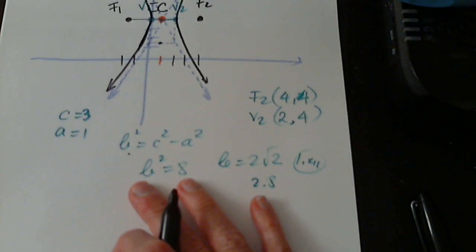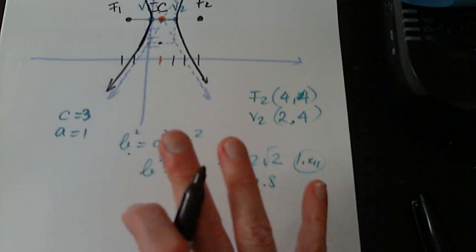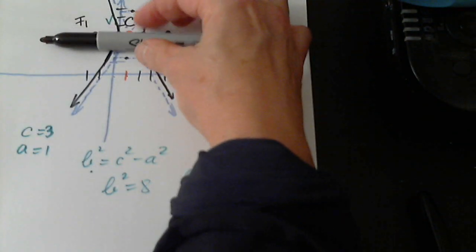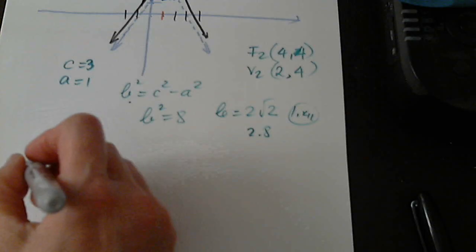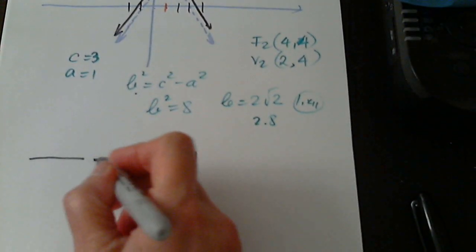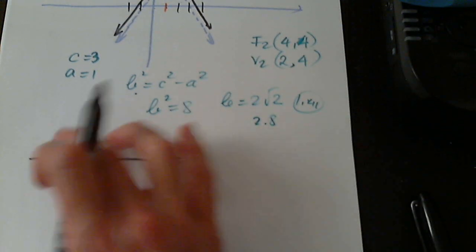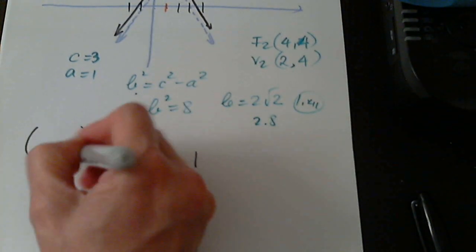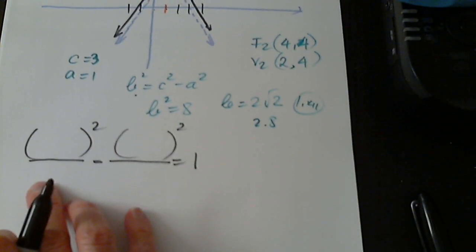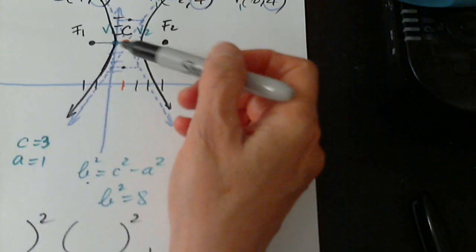Now let's write the equation. We haven't written the equation yet. Since the transverse axis is horizontal, I will have a minus in front of y, not in front of x. A squared is 1.